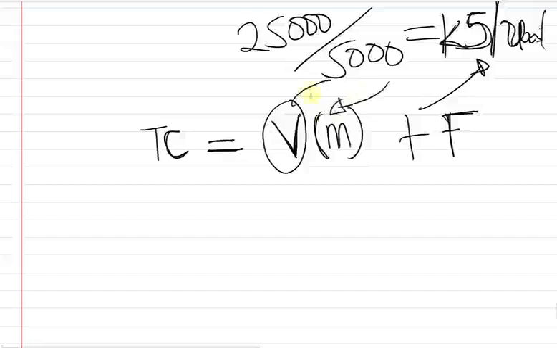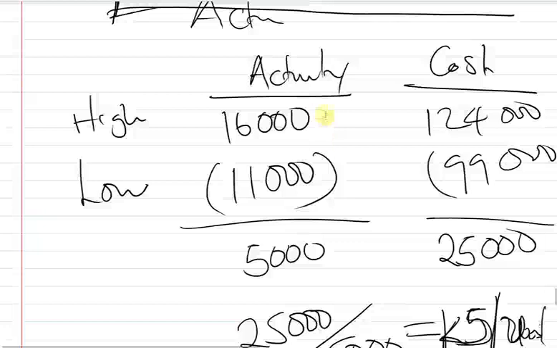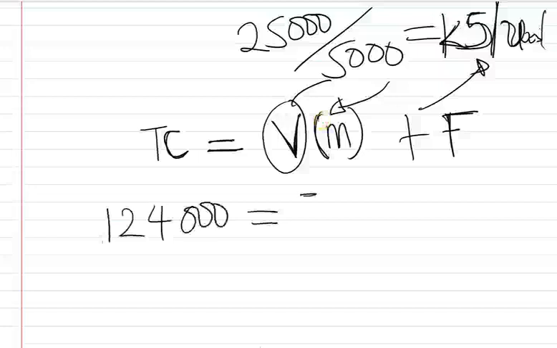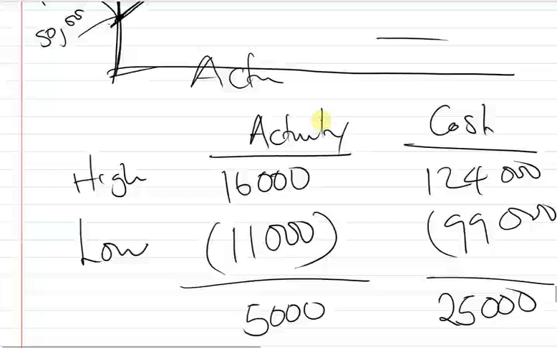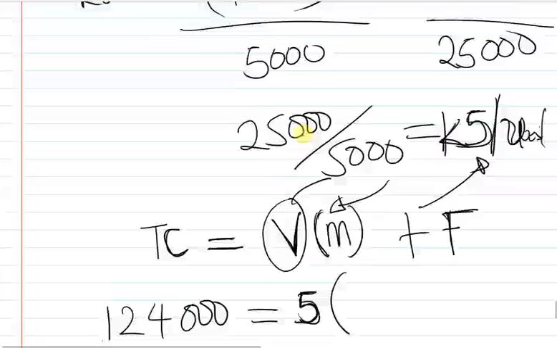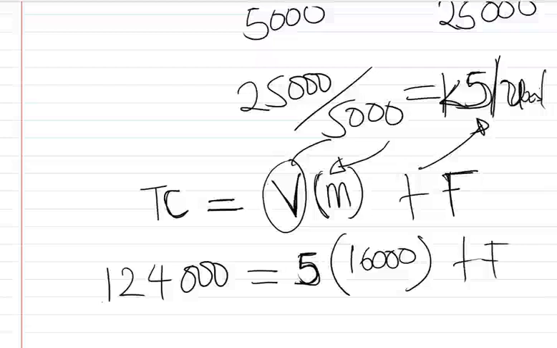You can take any figure, either the high or the low. For example, if I take the high, which is 124,000 as the total cost, the variable cost we have found is 5 kwacha per unit. The activity level we found was 16,000, so we put it there. We don't know the fixed cost, so we multiply 5 times 16,000 to find 80,000.